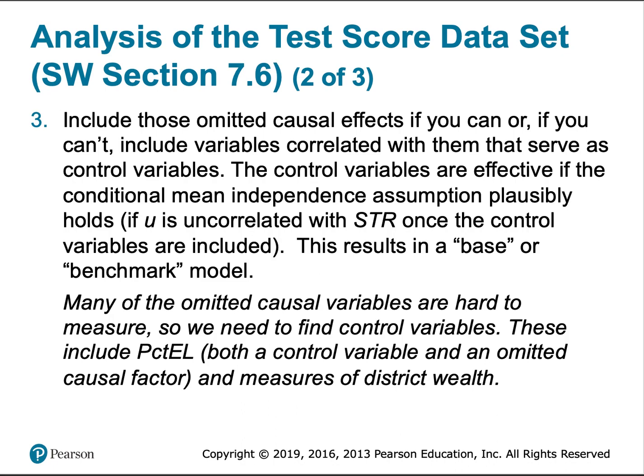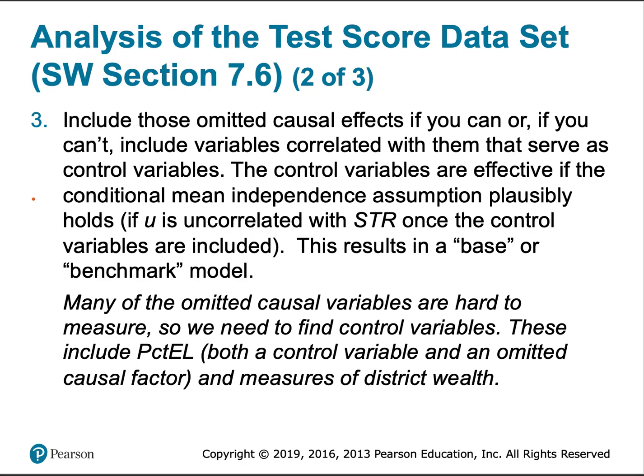The control variables are effective if the conditional mean independence plausibly holds. That is, if the OLS residual is uncorrelated with the student-to-teacher ratio once the control variables are included. We do expect that the control variables will be correlated with the omitted causal factors, and that's what makes them good control variables.